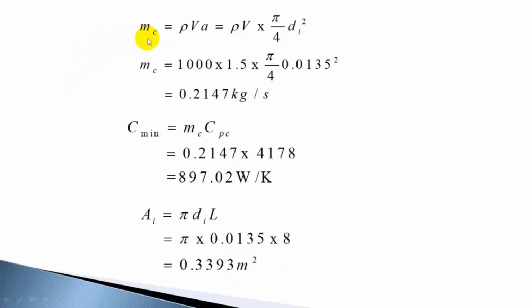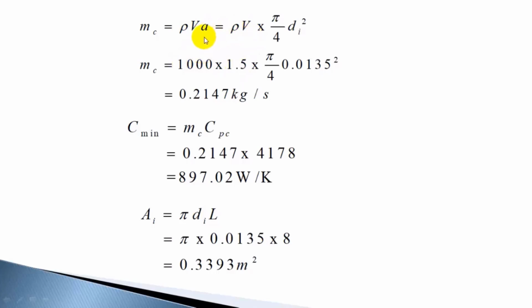Now you can find out the mass flow rate of cold fluid. We are only given the velocity, but we know the area of fluid flow, that is the inside area of the pipe. So we need to find out the mass flow rate of cold fluid, or mass flow rate of water. Density is 1000 and velocity is 1.5.